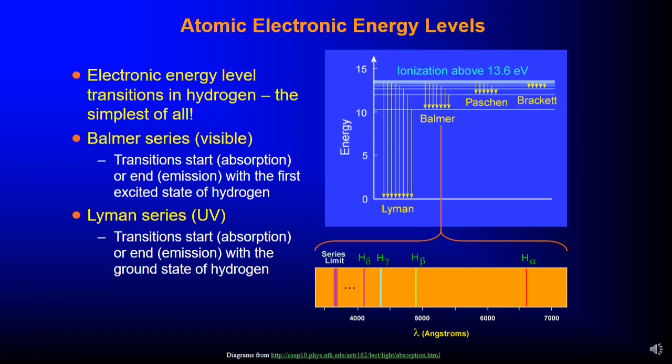So that leads us to what we call atomic electronic energy levels. For electronic energy level transitions, hydrogen is the simplest of all. So we have in the visible region the Balmer series, where the transitions start or end with the first excited state of hydrogen.